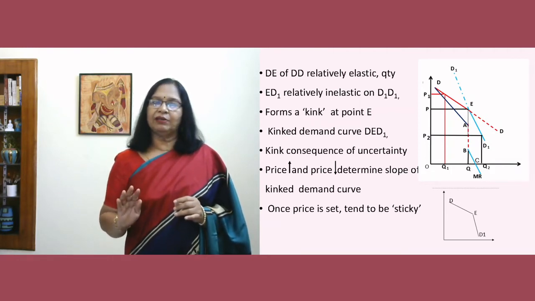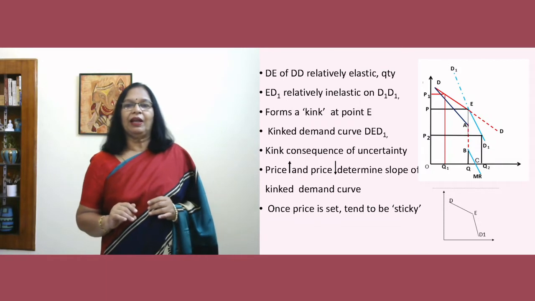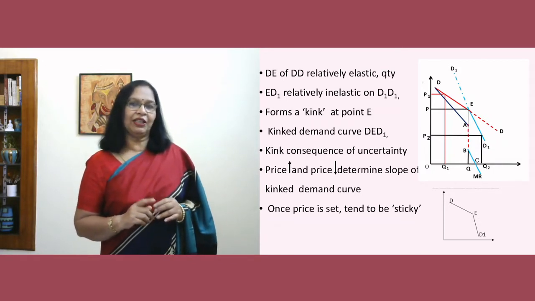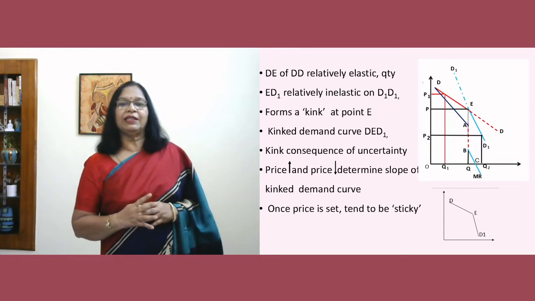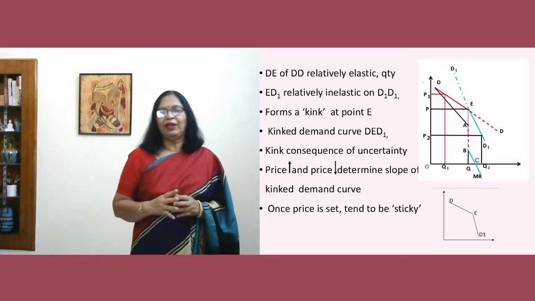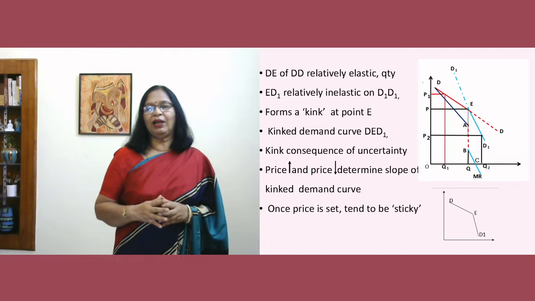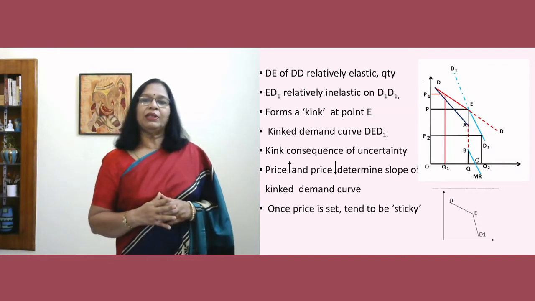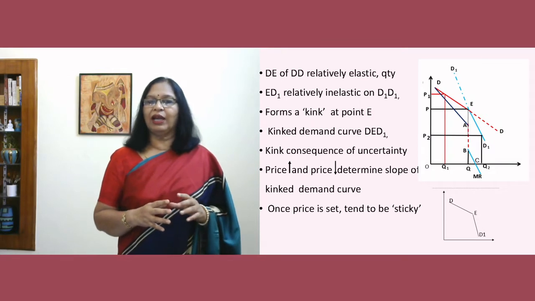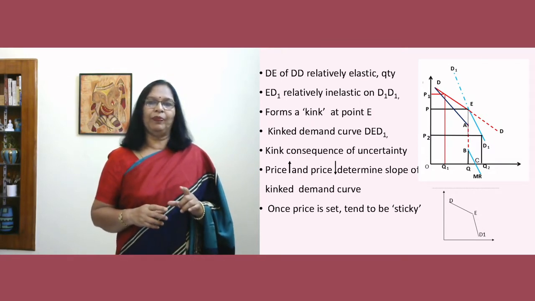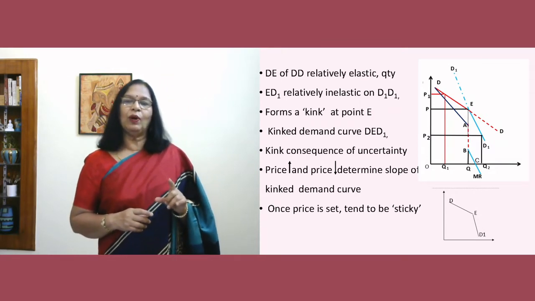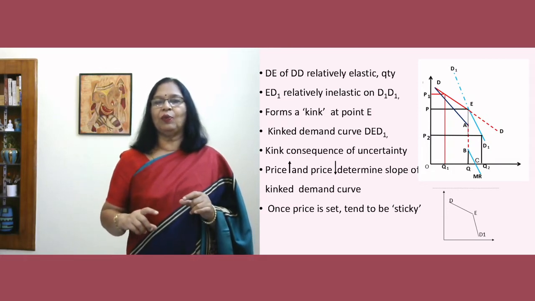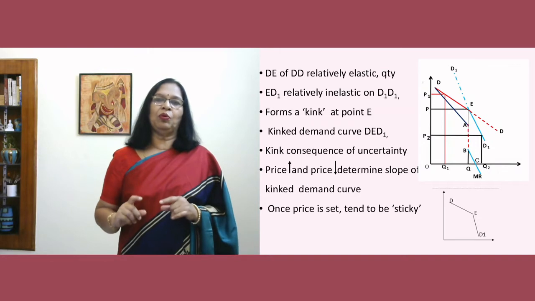There is one more demand curve in the same diagram, D1D1. This is the blue demand curve, which has a dotted line from D1 to E. The top portion D1 to E is dotted, and the lower portion ED1 is the bold blue line.